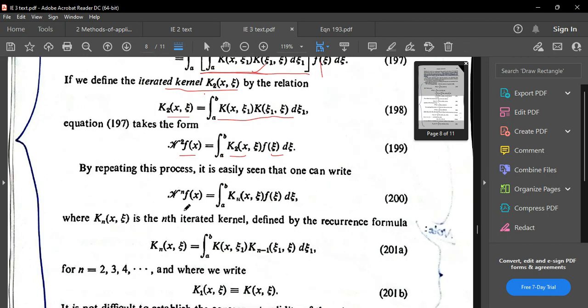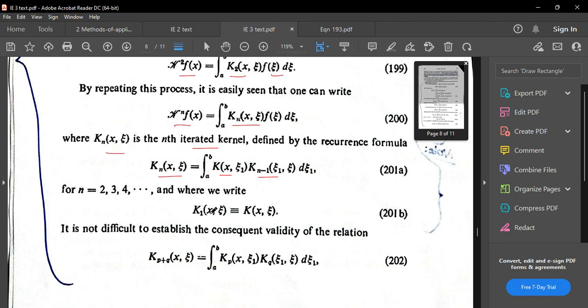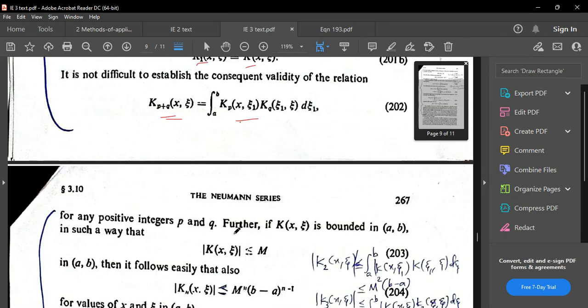By repeating the same process, we end up with kn of f of x as integral a to b of kn of xi f of psi. This kn is the nth iterated kernel, given by the iteration formula kn equal to integral a to b of k times kn minus 1 of psi 1, psi, for n equal to 2, 3, 4, etc. This is also valid when n is equal to 1. No proof is needed; just observe.